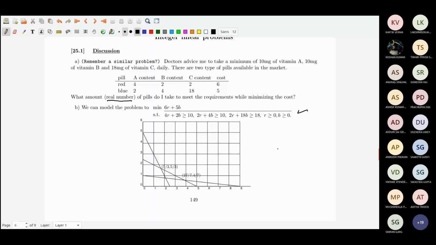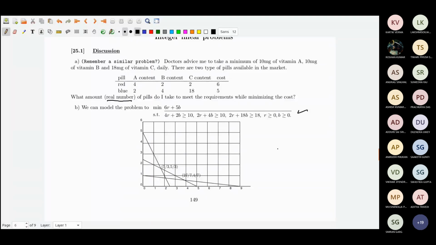But what would happen if the demand is for integer solutions? The problem in practice would come with the demand of integer solutions. You do not take 0.37 of a red pill or a blue pill, right? So you don't do that.